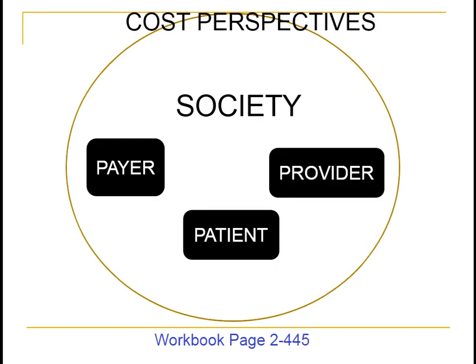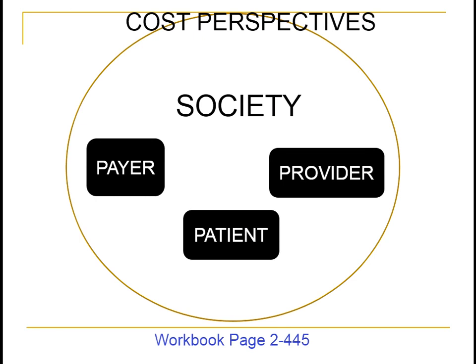We've been talking about perspectives. There are 4 perspectives in economic assessments. One, the largest, is society. And society includes all of the other perspectives, so it gets quite complicated. Government may be a surrogate for society.